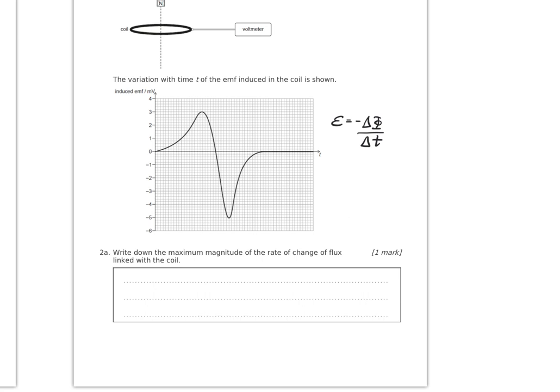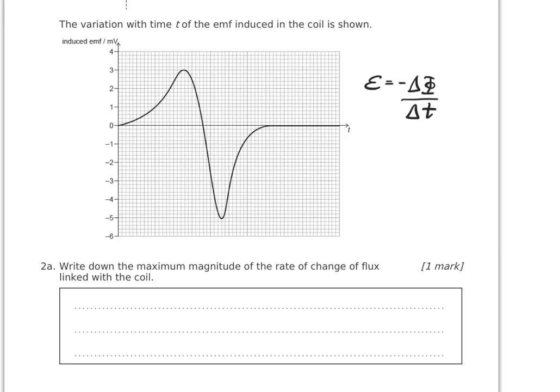And so the EMF ranges from 0 in the beginning, goes up to positive 3 millivolts, goes down to negative 5 millivolts, and then returns down to 0. And so the maximum magnitude, the biggest number, is right down here. And so that would be 5 millivolts.